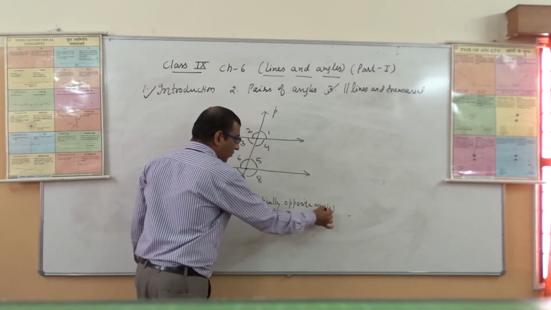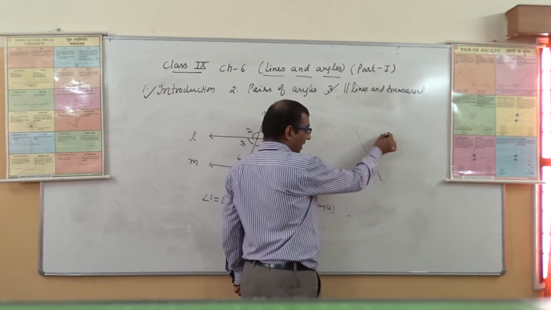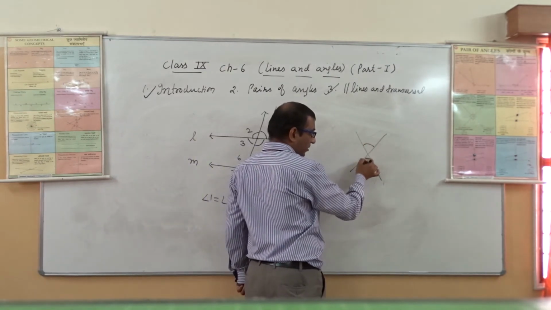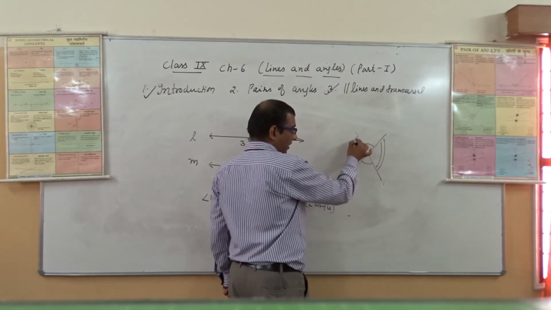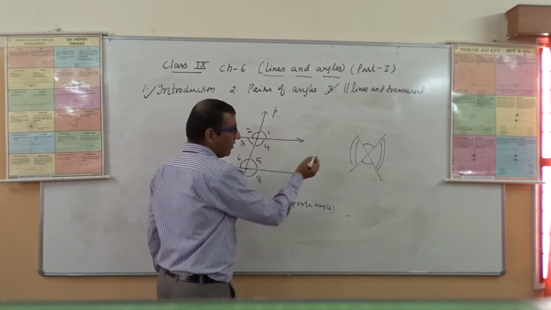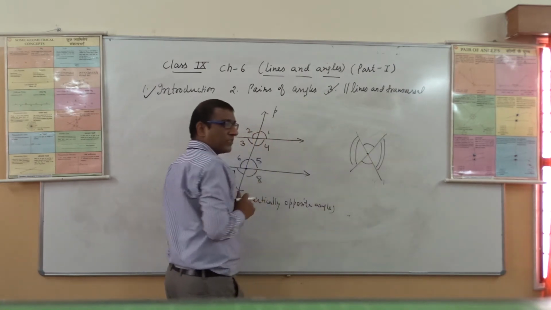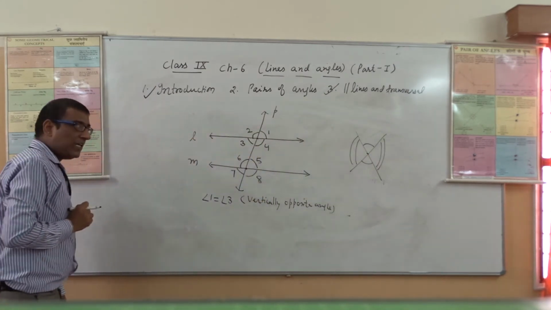As we know very well, whenever two lines intersect each other, these two angles are equal, and this is the point of intersection. This is the concept of vertically opposite angle.